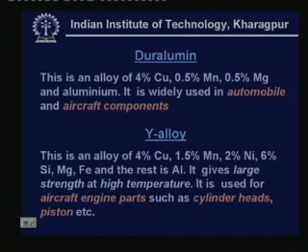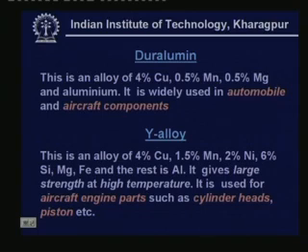It is widely used in automobile and aircraft components, because it has to be lesser in weight for a better design, considering the type of application, it has to fly.